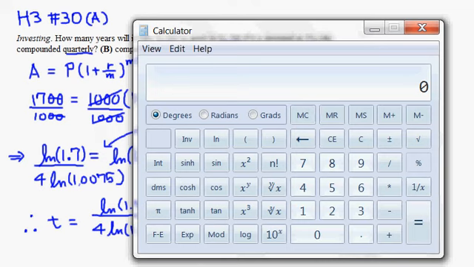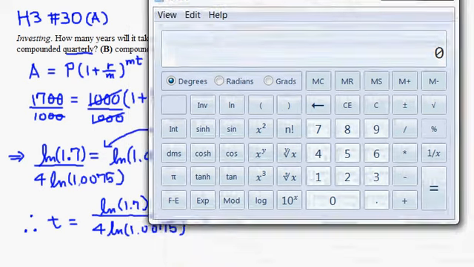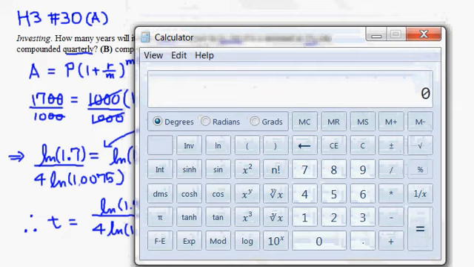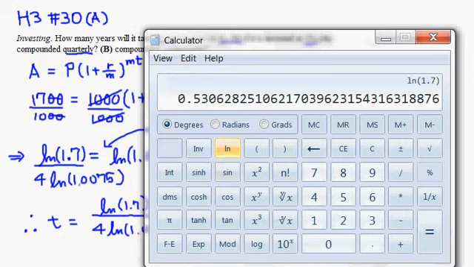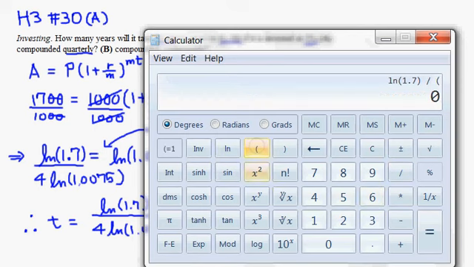What we need to compute is the natural log of 1.7, divided by 4 times the natural log of 1.0075.